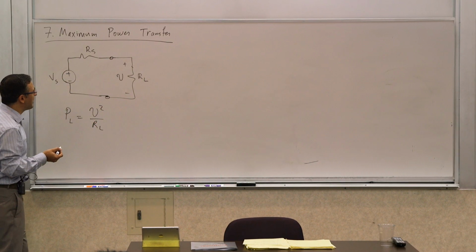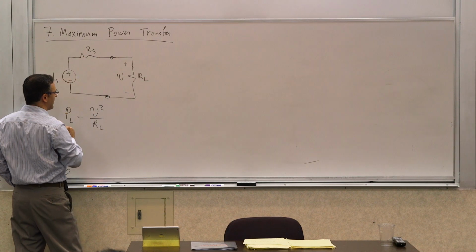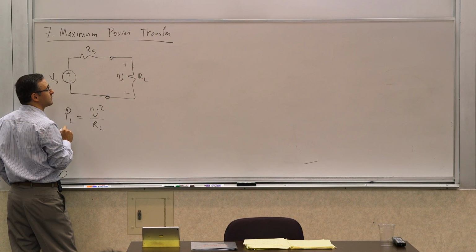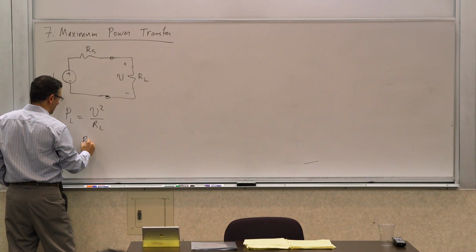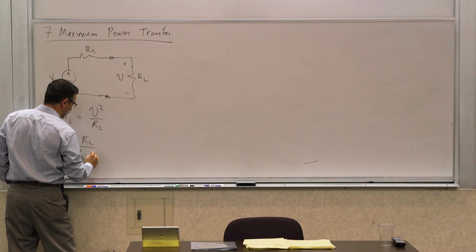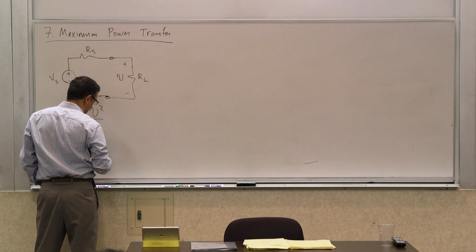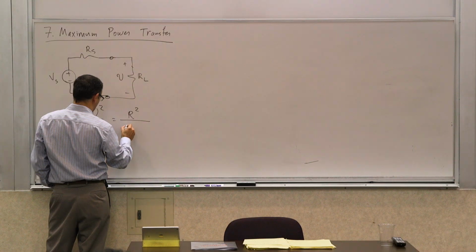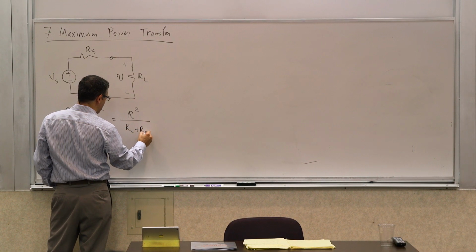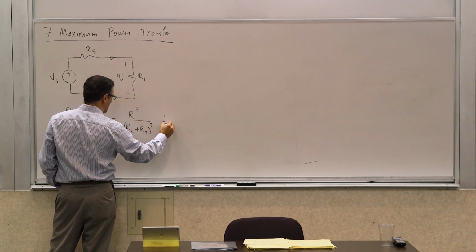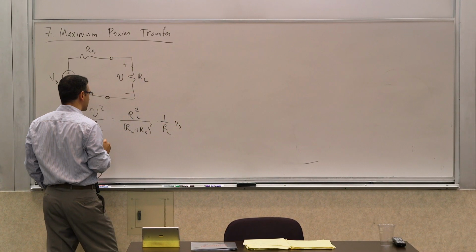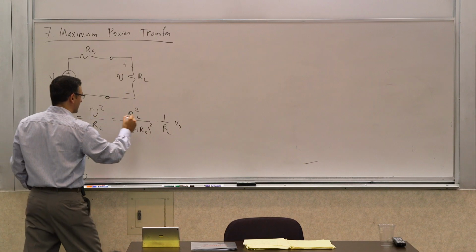Now what is V in terms of Vs? Exactly. V is RL over RL plus RS times Vs. So I plug that in, I get RL squared divided by RL plus RS squared times 1 over RL times Vs squared.